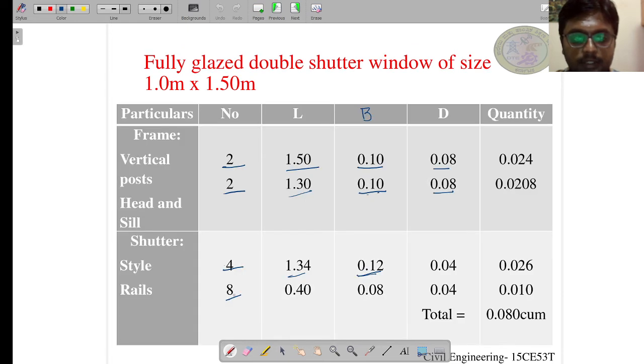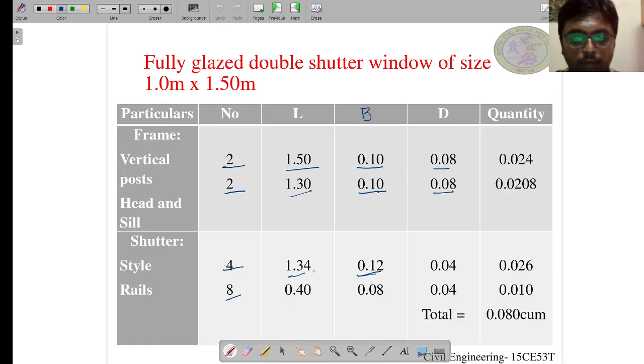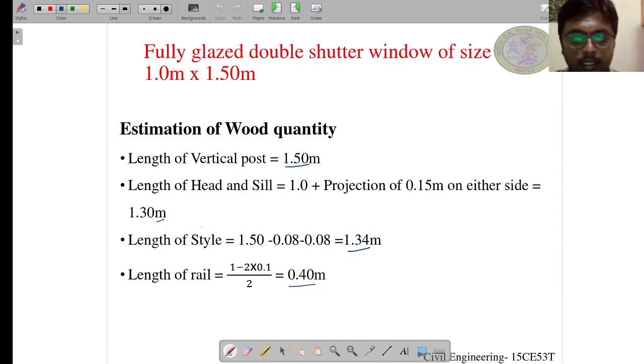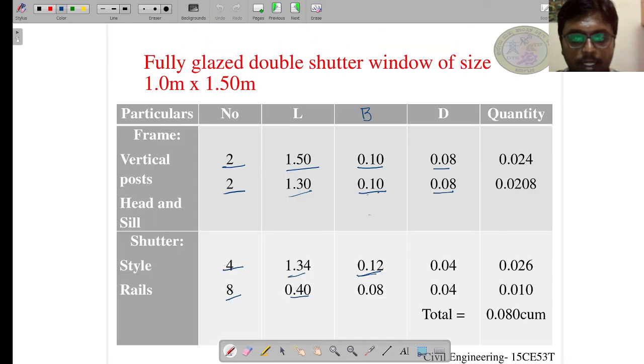The same is the case with the 8 rails. We have calculated the length of the rail as 0.40 meter and the breadth is 0.08. You can see here it is given as 80 mm into 40 mm, so the breadth is 80 mm and the depth is 40 mm.